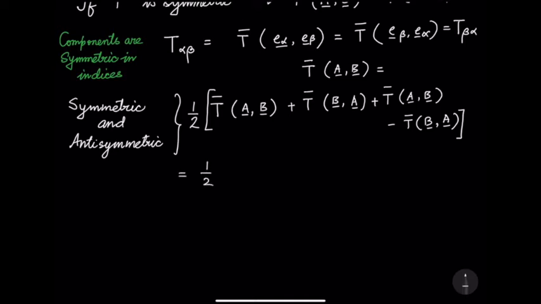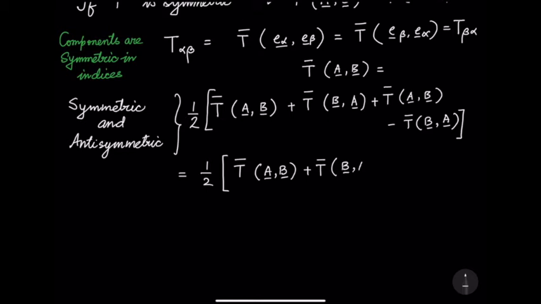If I look at the first part, which we may call the symmetric part of this tensor, this is the tensor T, and you add it with the opposite thing.